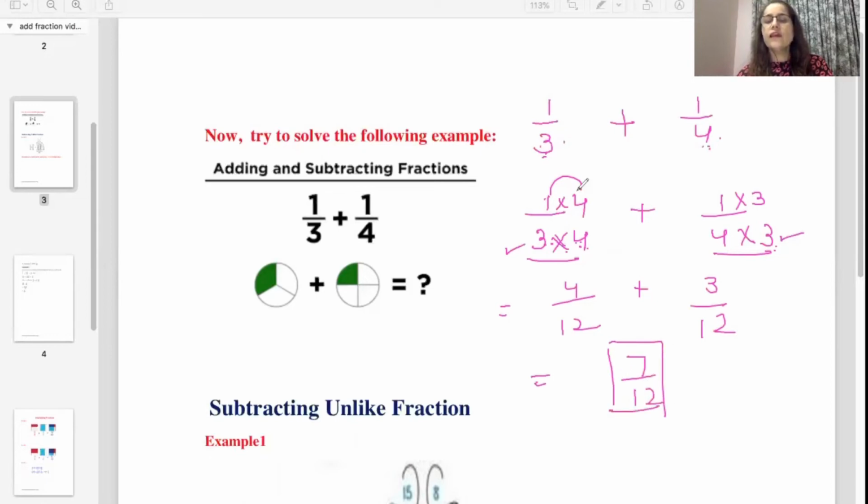So this way we can add unlike fractions also. We need to make the denominators equal.